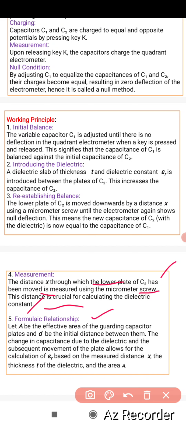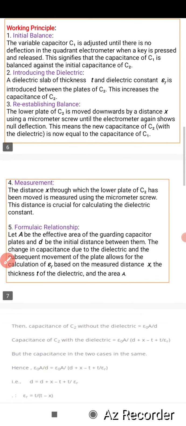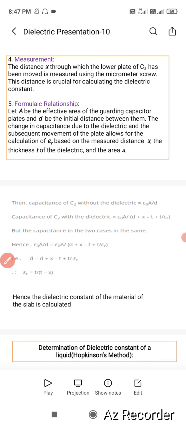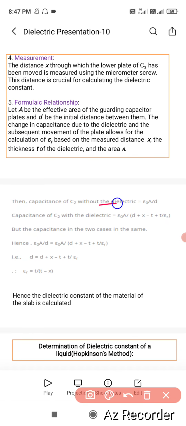Formulaic relationship: let A be the effective area of the guard ring capacitor and d the initial distance between the plates. The change in capacitance due to the dielectric and the subsequent movement of the plate allows for the calculation of epsilon r, based on the measured distance x, the thickness T of the dielectric slab, and the area A. So C2 without dielectric is C = epsilon naught A divided by d.